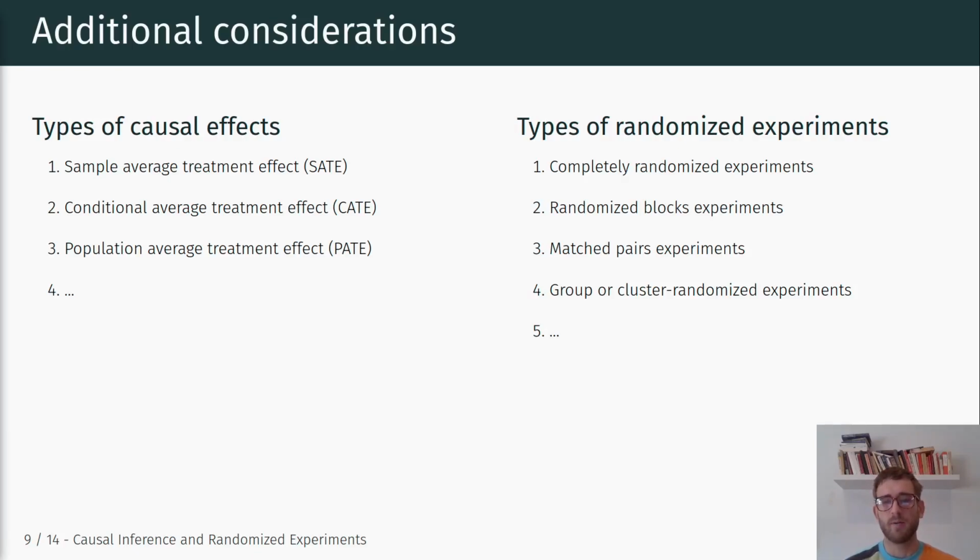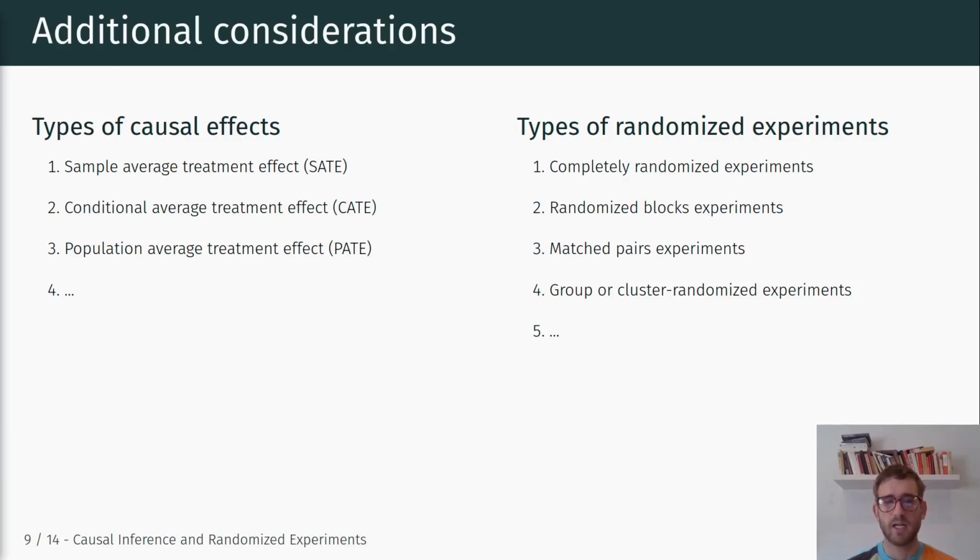The key here is that if we have such a group or cluster randomized experiment, we have to take into account this clustering. The easiest way is to treat the cluster itself as one observation. So rather than analyzing individual students, we would analyze outcomes for classes, for example. Or we take into account the clustering in a multi-level modeling approach.